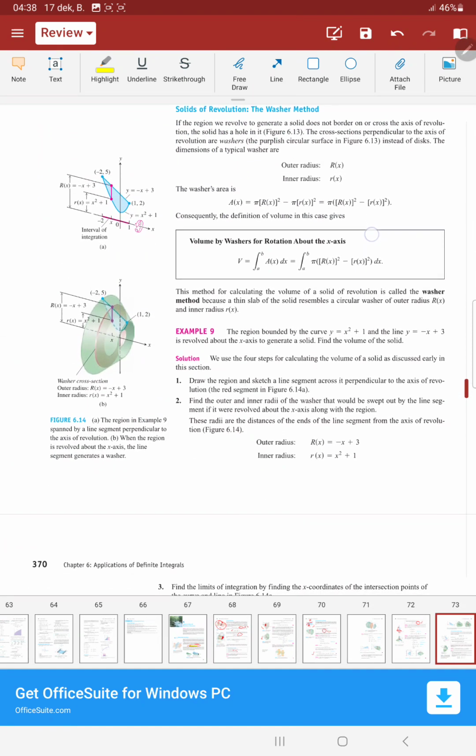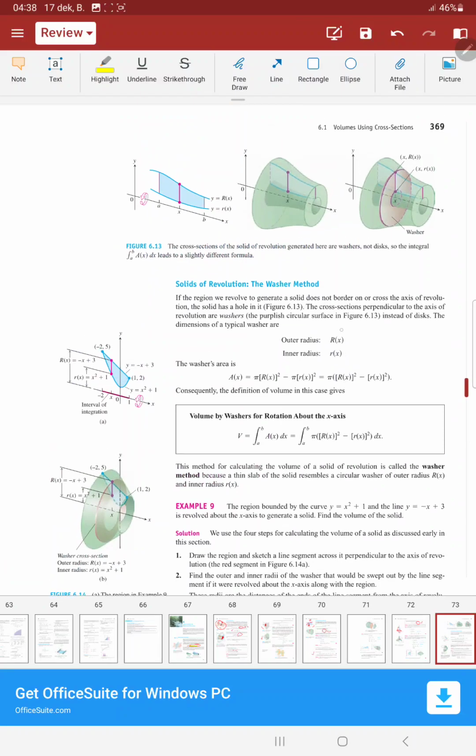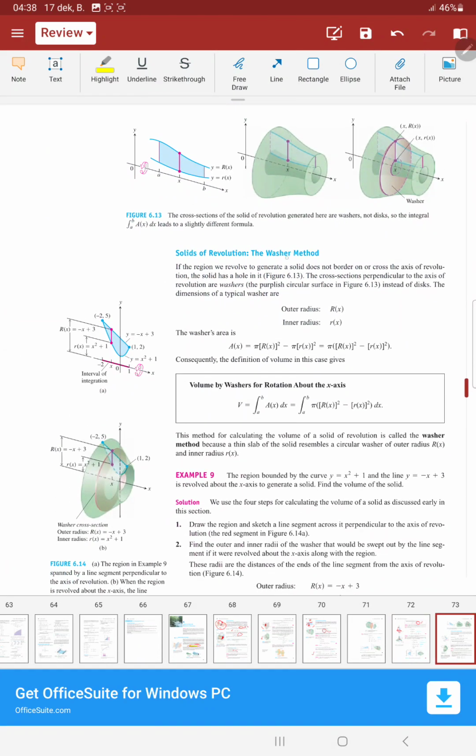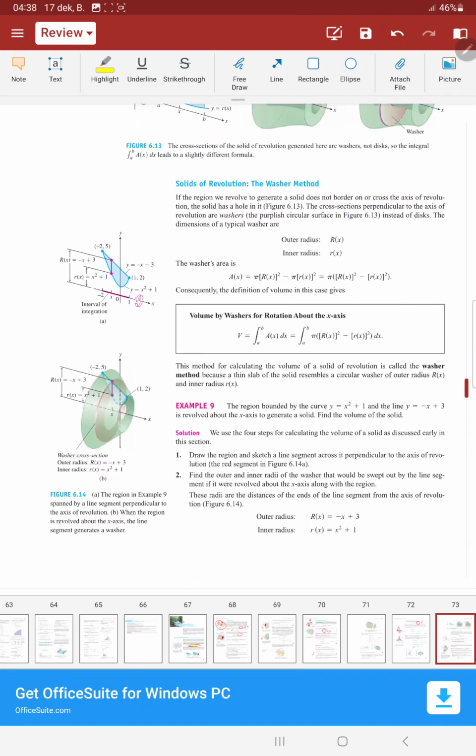Now, what else do we have? Solids of revolution, the washer method. What is the washer method?